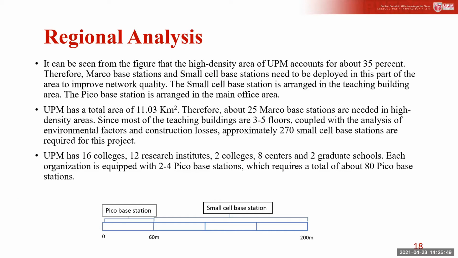This part is about regional analysis, and it can be seen from the figure that the high density area of UPM accounts for about 35%.